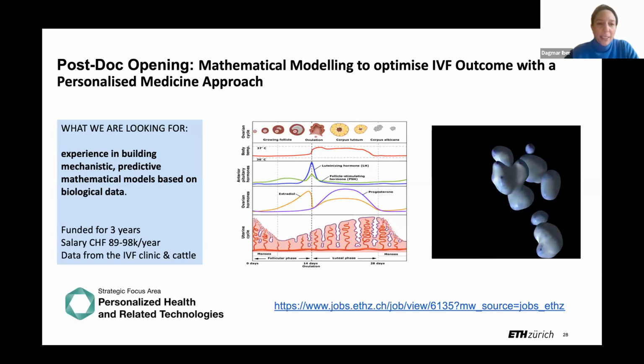And we have clinical data sets from in vitro fertilization patients, and we want to understand the formation of the oocyte to help in the clinic. So it's a really nice personalized medicine, but really fundamental biology grant, human biology. So it fits perfectly with this series here. So thank you. And I should say, unlike in many other countries, postdocs in Switzerland are well paid, so you're getting like 90K, so $90,000 as a salary.